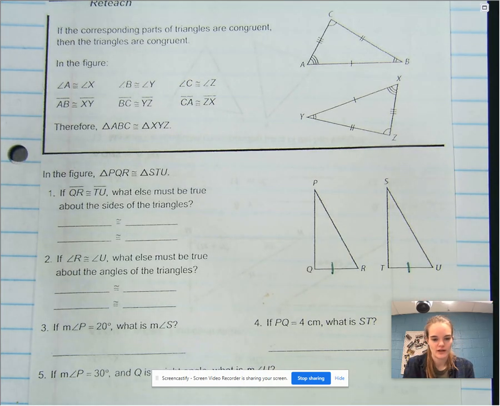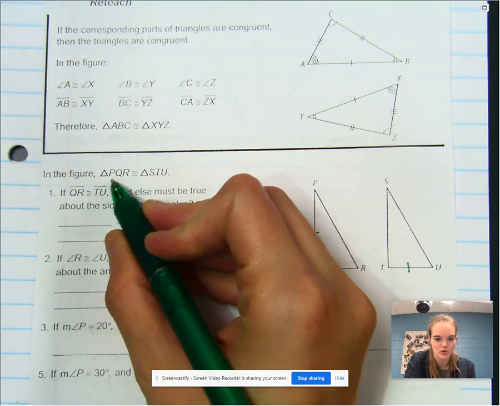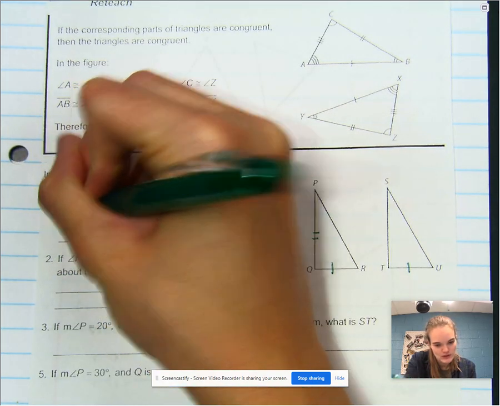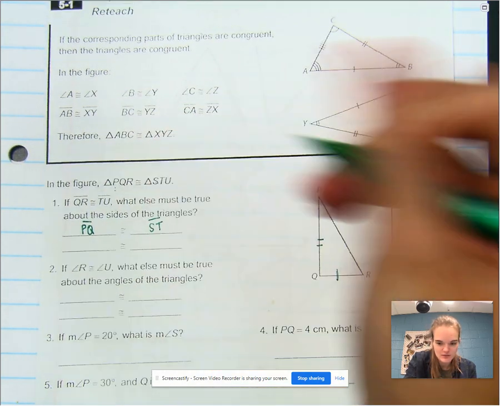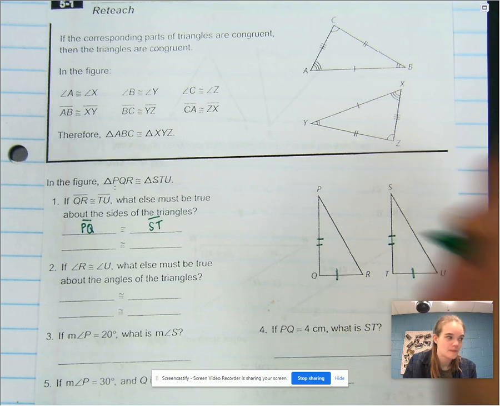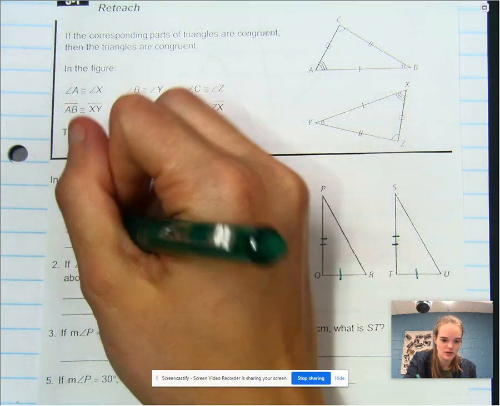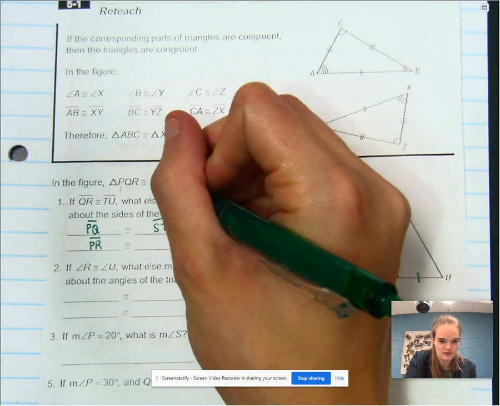Okay, then what else must be congruent? Well, PQ, right here, P, remember order matters, PQ is congruent to ST. Okay, and the last side length PR. And if I put PR, P, then R, I have to put S, then U.